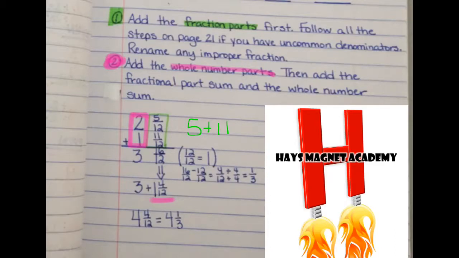After we changed it from an improper fraction, we got 1 4/12. You add that to the whole number sum, to the 3. So this 3 and this 1 added together gives us this 4 right here. Then we simplified the 4/12 with these steps right here to give us 4 1/3.